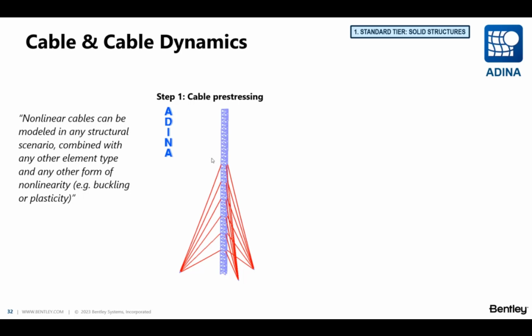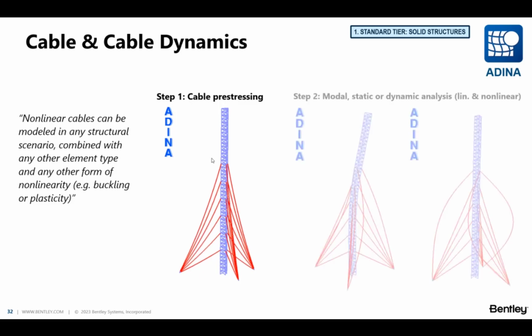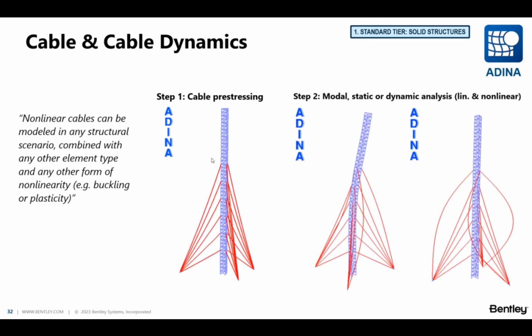And then, for instance, using the analysis switch that I mentioned before, once we've completed the static analysis, we can perform modal, static, or dynamic analysis. If you think of a guitar chord, if we want to change the sound of a guitar chord, what we do is to change or modify the tension of that chord, right?